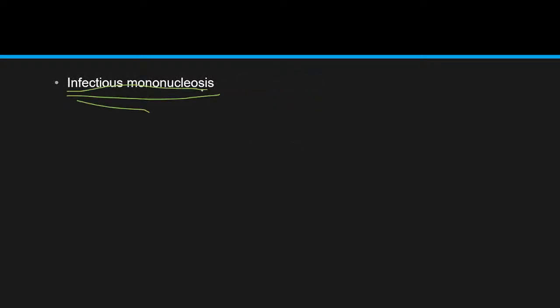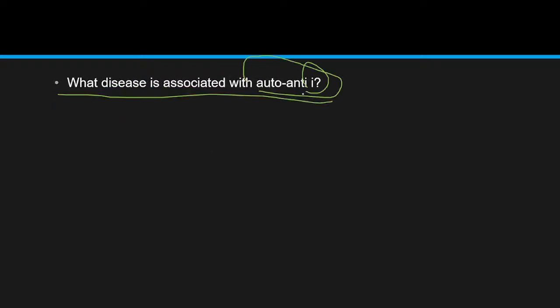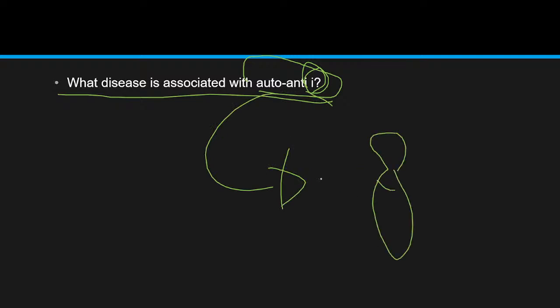So it's very important, especially for new mothers, to keep their kids from kissing strangers, because sometimes, I'm not saying all adults do this, all adults have EBV or Epstein-Barr virus, but the problem with auto-anti-i is that this is an autoantibody, and when it forms too much in babies, it's going to cause hemolytic anemia.